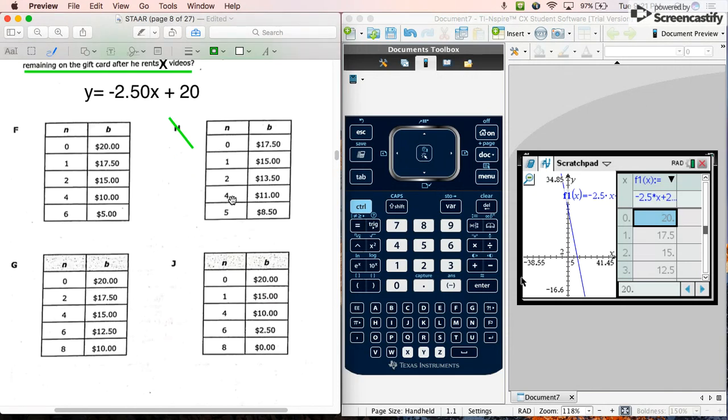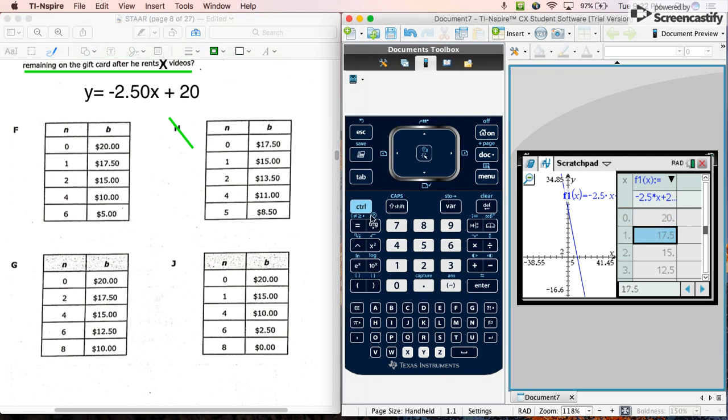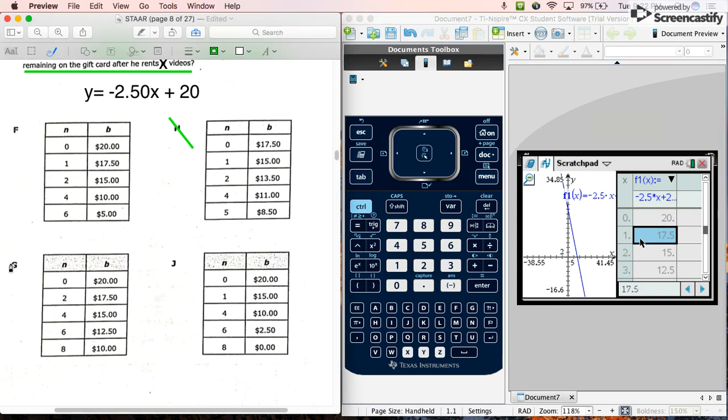When I have a 1 value, I should have 1 and 17.5. If I look at F, I do have 1 and 17.5. If I look at G, I do have a 17.5, but it's with a 2 and not a 1. Thus, I can eliminate letter G. This is incorrect. Looking at letter J, I have a 1 and 15. This is also incorrect. I can eliminate J.